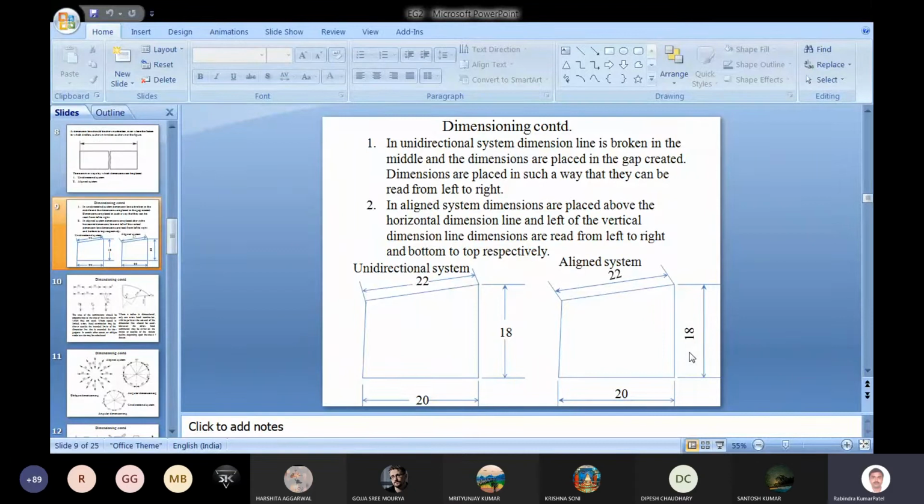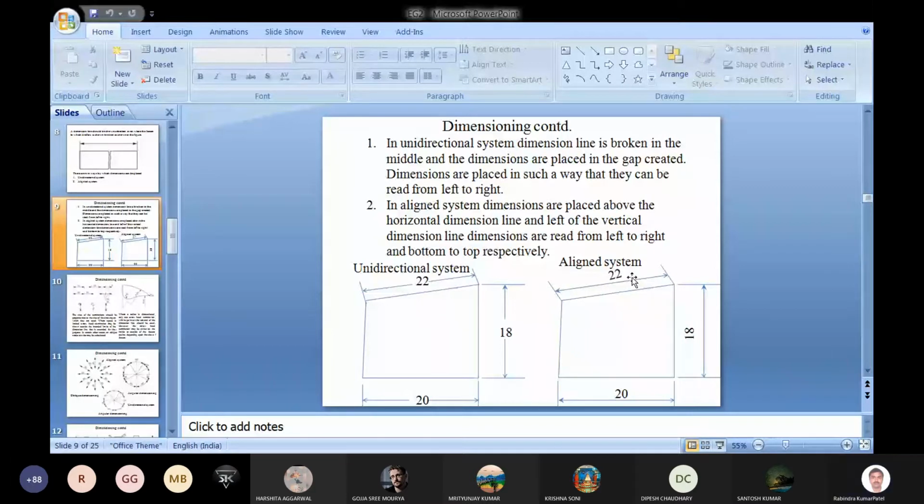So there is only one way of reading and writing it like that. We will place the dimension numeral so that it can be read from bottom to top. Here also the dimension value is placed on an inclined dimension line in such a way that the dimension numeral should be perpendicular to the dimension line.